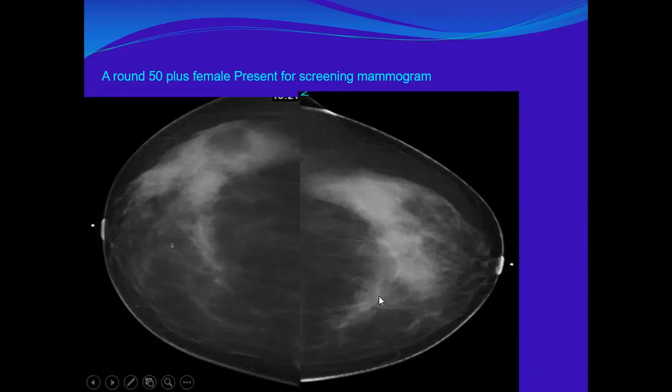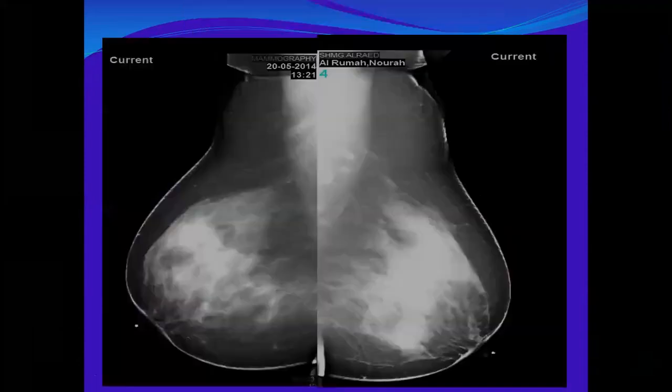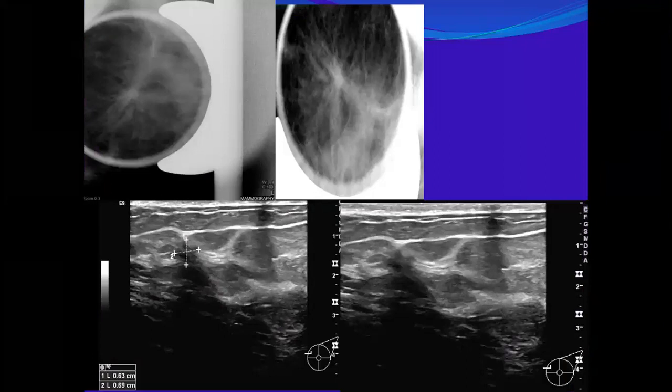See, look at this very subtle area, and here you see the area of distortion, with difficulty. I was attending with her that spot magnification view. She doesn't like the technicians. She doesn't allow the technician to do that for her.